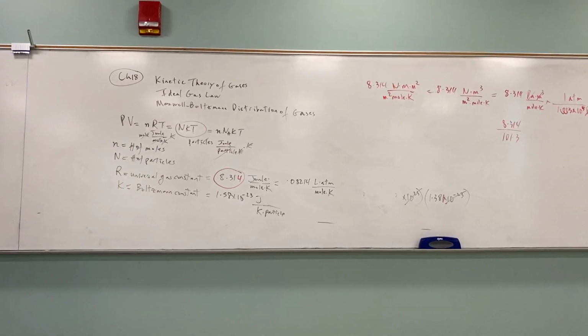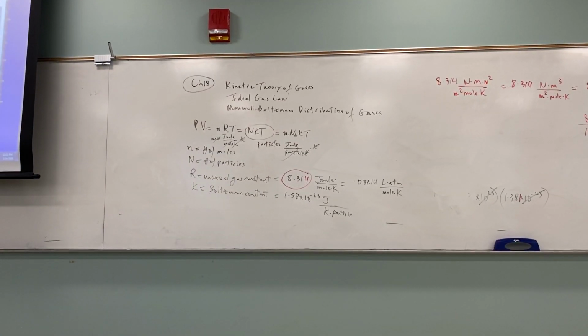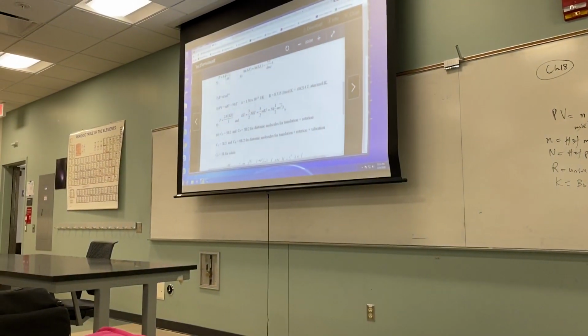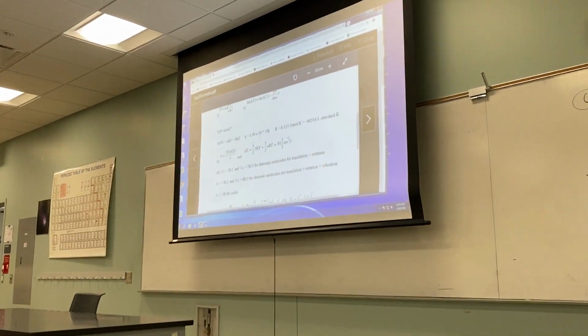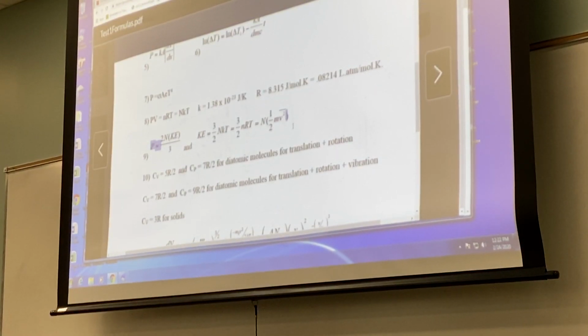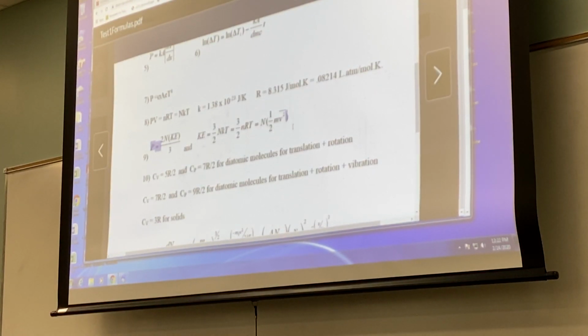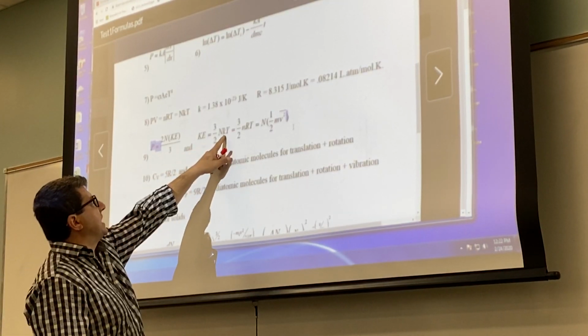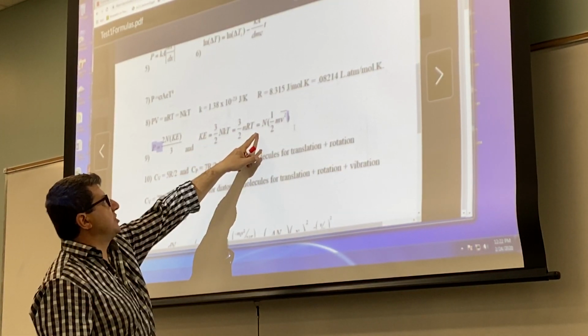The next thing to do is to ask where this equation comes from. Pressure is 2N over 3 times k, so it's 3/2 NkT, or 3/2 nRT.